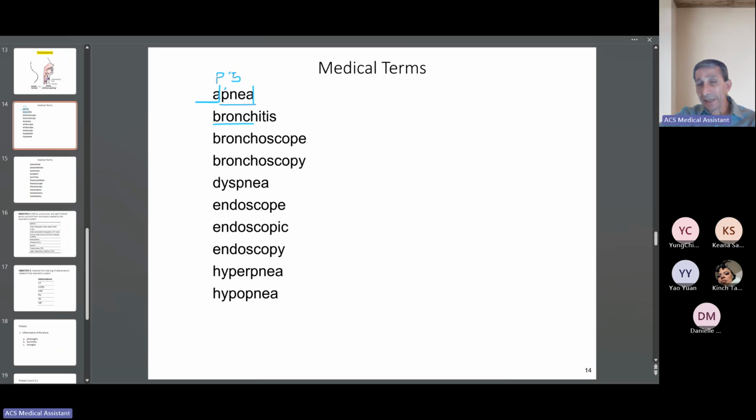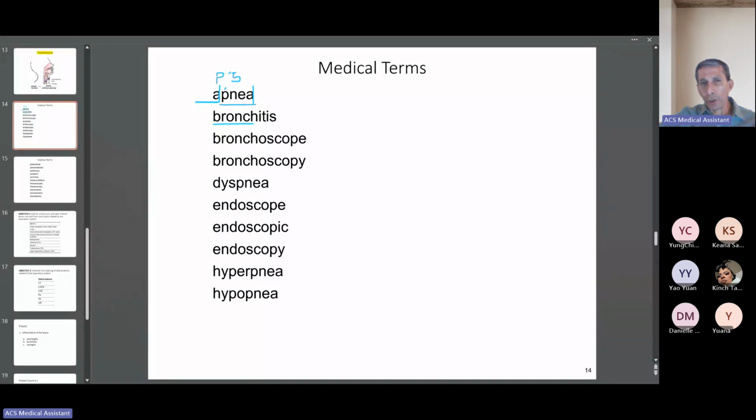So this is a problem. This is serious. You can die from this. If you cannot breathe for more than 60 seconds, you can actually die during sleep. But most of the time, it wakes you up due to the problem that you cannot breathe. So these people are going to have problems sleeping. These people are going to suffer from insomnia. That's basically what it is.